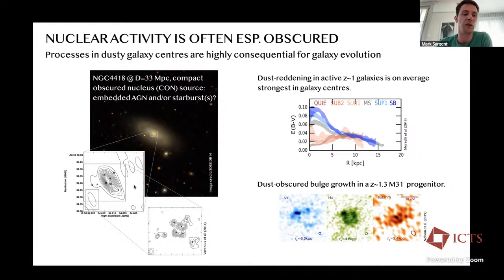It does so, in an example on the left, for even the most dust-obscured nuclei in the local universe. And in the lower right corner, you see an example how, as you go from ultraviolet emission in the blue stamp for a redshift 1.3 Andromeda galaxy progenitor to increasingly longer wavelengths, you see how the star formation activity gets more and more centrally concentrated.